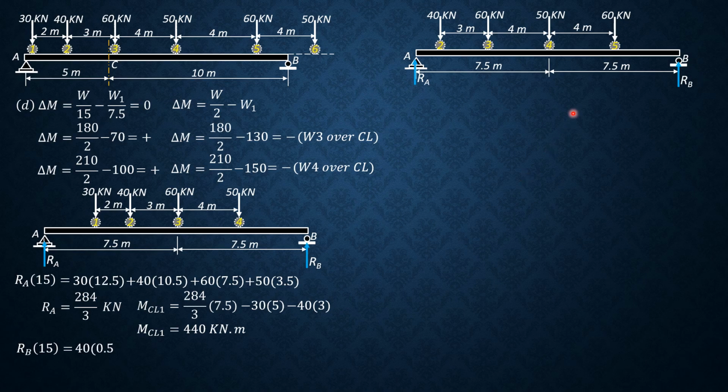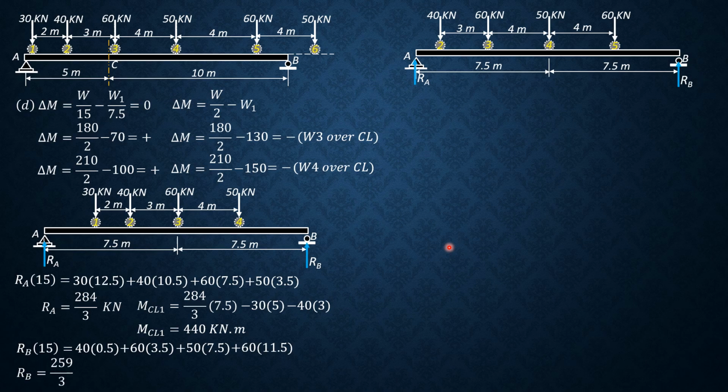So equals 40 times 0.5. This is 0.5 because 4 plus 3 is 7, and this is 7.5. Plus 60 times 3.5, plus 50 times 7.5, and plus 60 times 11.5. 7.5 and 4 is 11.5.